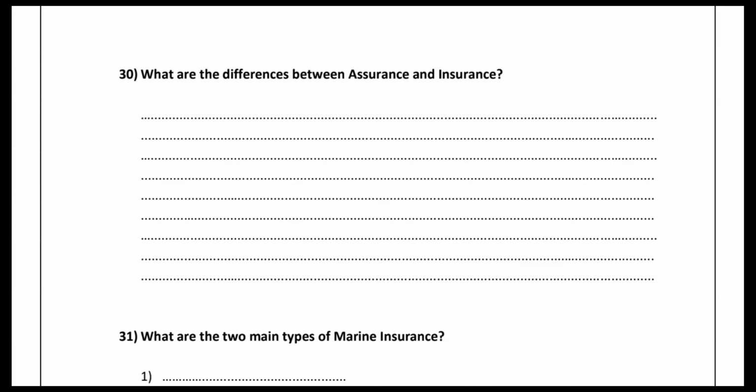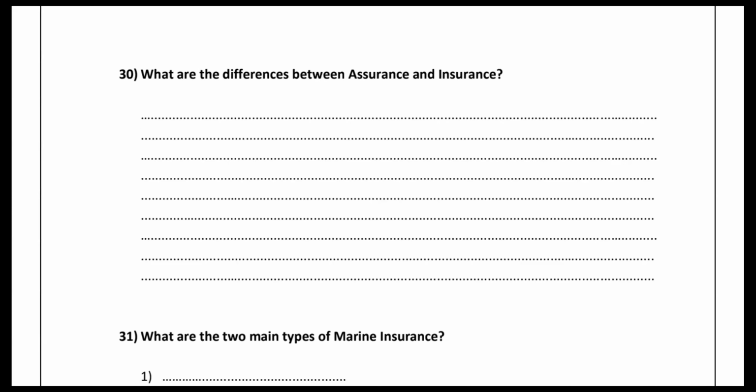Okay, for people who missed it from the first: assurance, human life is insured; insurance, properties are insured. The next one is assurance policy is relatively long term, insurance is relatively short term. Assurance is similar to an investment, insurance is not an investment.